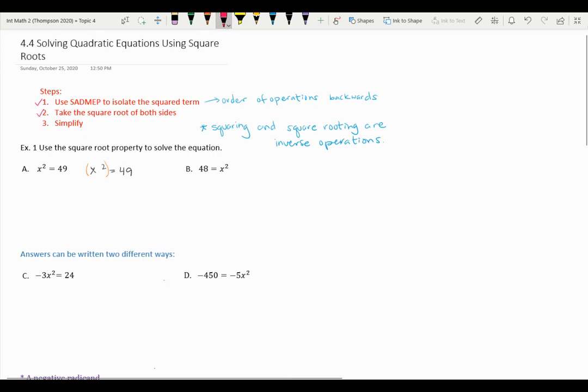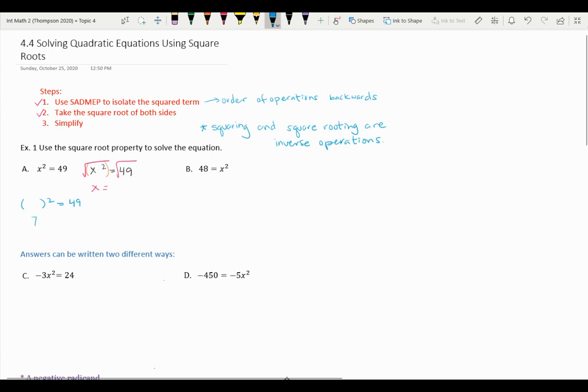Next step is to take the square root of both sides. So I'm going to take the square root of the left side and the square root of the right side. When I take the square root of x squared, I get x. Square root and squaring, they undo each other. They're inverse operations. That is equal to the square root of 49. What this is asking is, what squared is 49?